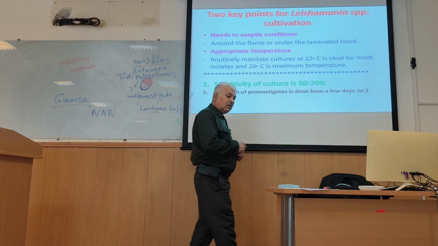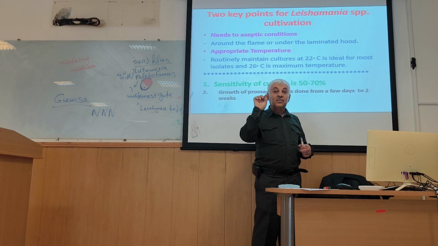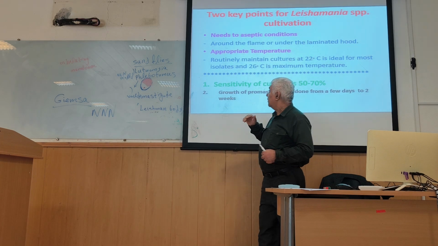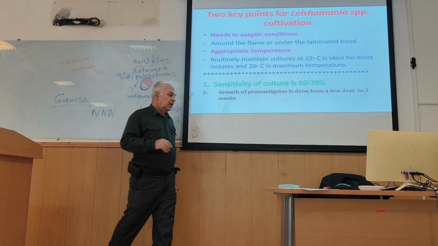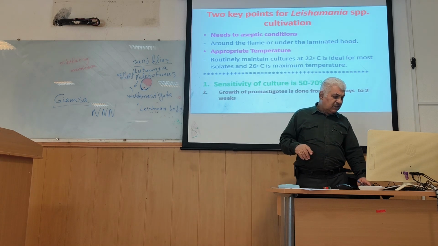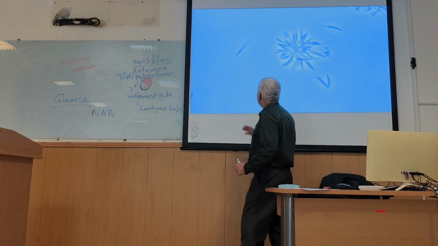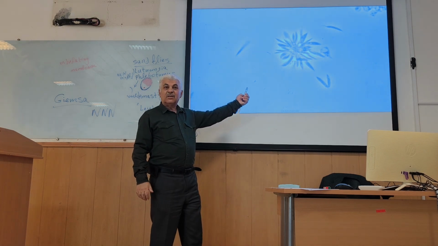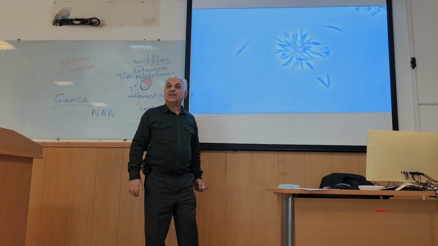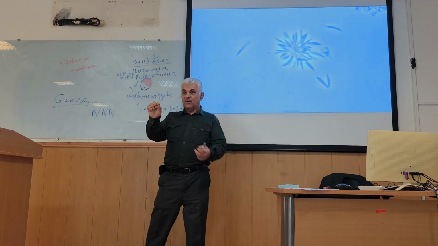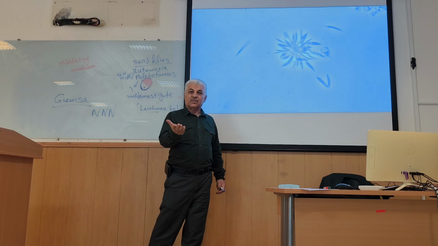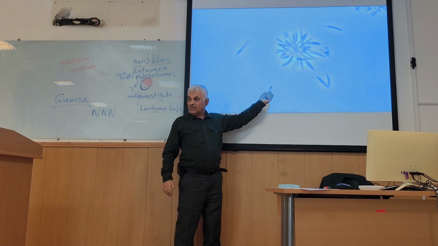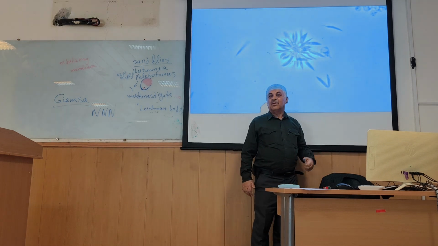In culture media, we can see the promastigote form, or leptomonad form, not the amastigote form. After 1 to 2 weeks, we can see the promastigote form, unstained. In the practical class, a drop of culture medium under a light microscope shows many promastigotes.